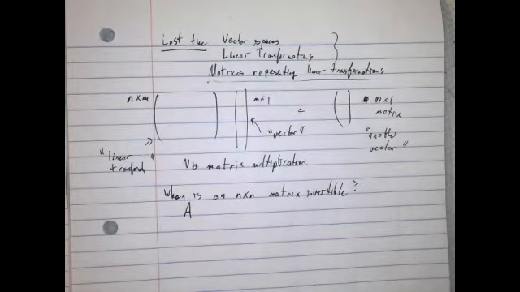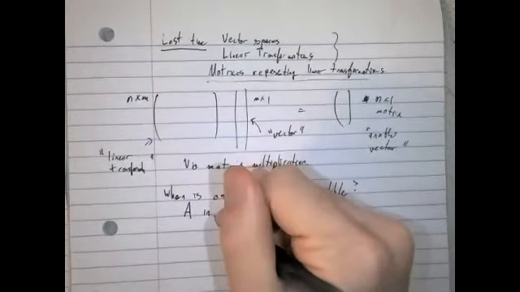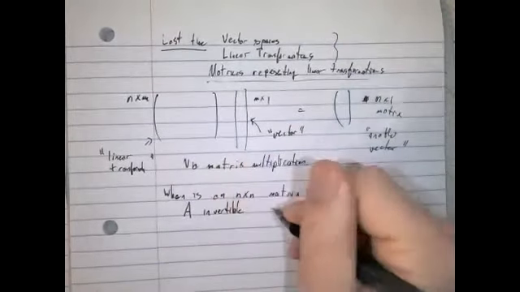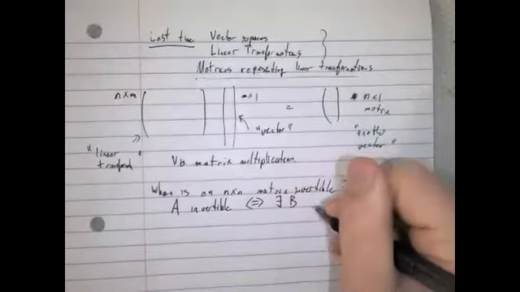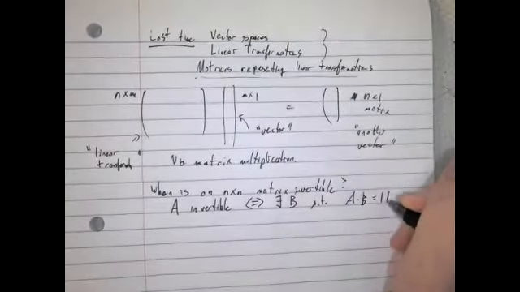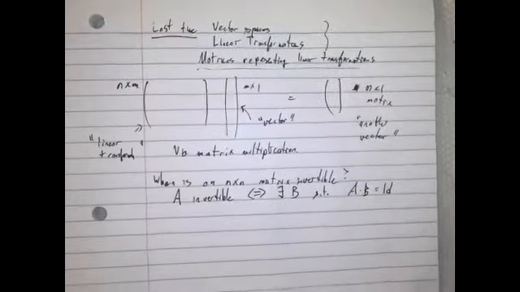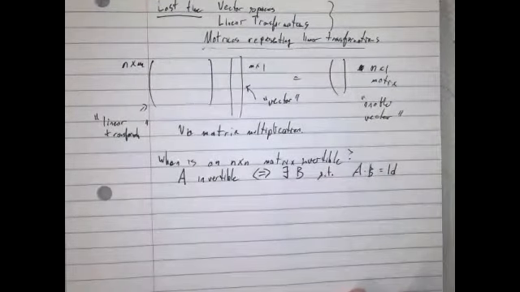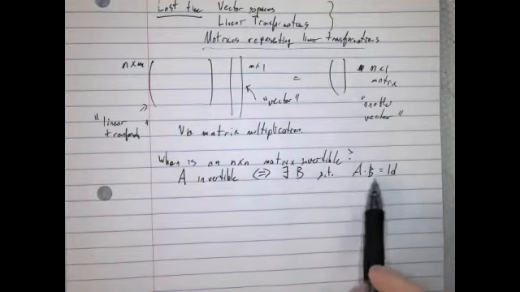Find another matrix such that when you multiply them, you get the identity matrix. Exactly. A invertible is equivalent to there existing a matrix B such that A times B is equal to ID, the identity matrix. We all right with this? And here we're talking now strictly within n by n matrices.